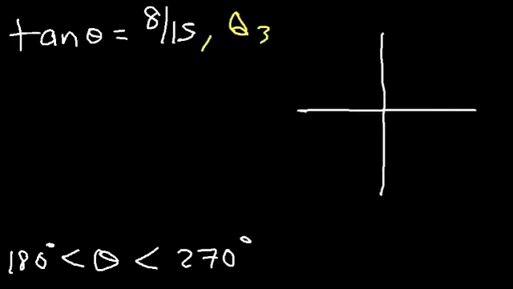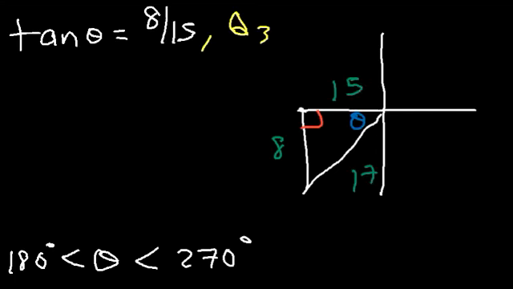So let's draw a triangle in quadrant 3. So here's our box, and here's theta. So this is the 8, 15, 17 triangle. Opposite to theta is the 8. Adjacent is 15. The hypotenuse is 17. In quadrant 3, x and y are negative.